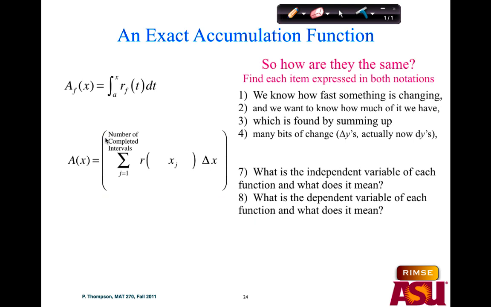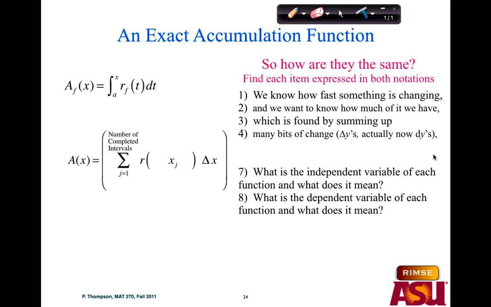Number 3, which is found by summing up. And then finally, number 4, many bits of change, like delta y's, or when delta x is small, dy's. Forget about 7 and 8, we don't want to do those. So get a partner, a group of 3, and talk through 1 through 4. For each of those, where do you see it in both of these expressions?